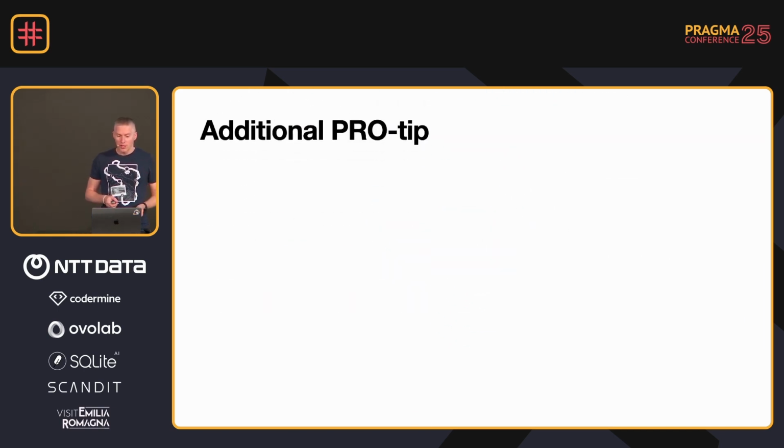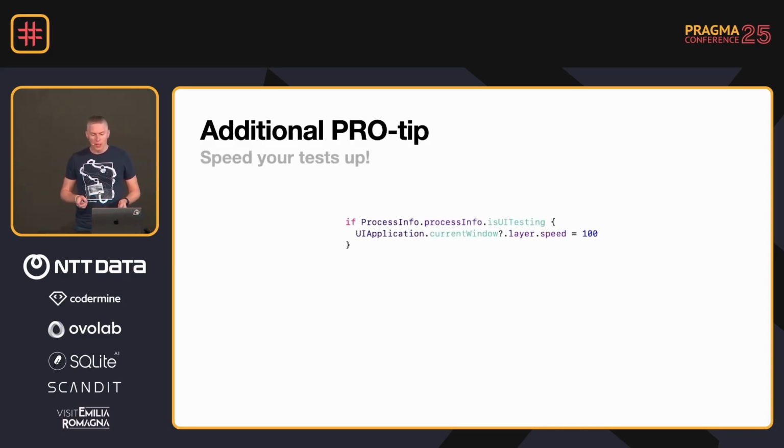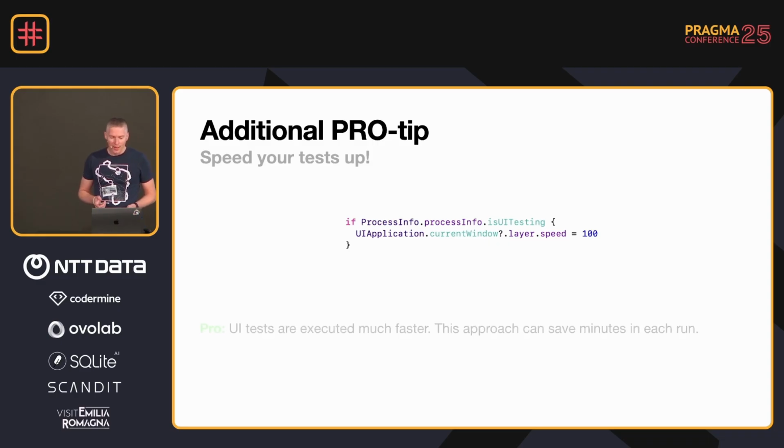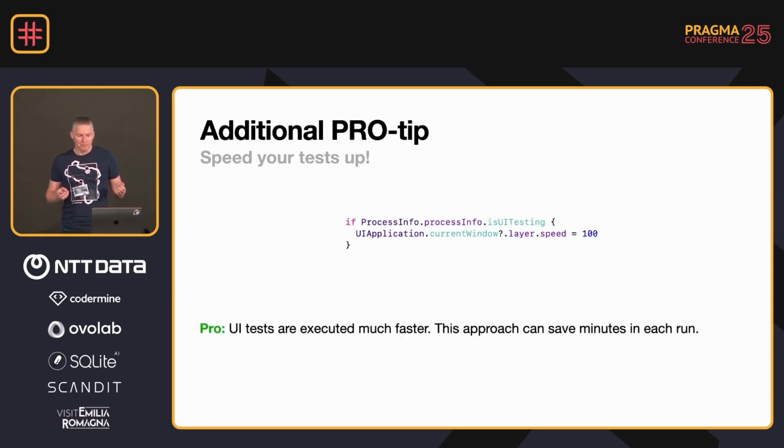And I have an additional pro tip. Another concern is that tests are too slow, especially UI tests. If you're running a big set of them, well, why not speed them up? There's a small trick which speeds up animations in your app 100 times. So it's basically instant. And the advantage is visible.